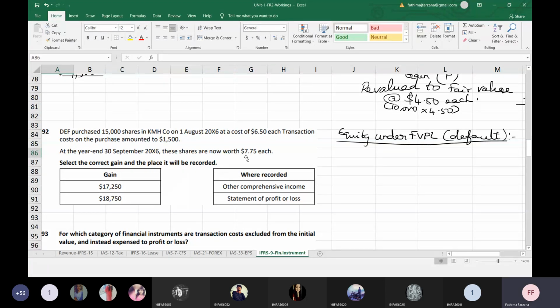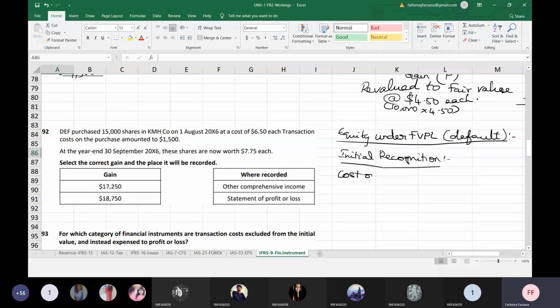So in this problem, again, initial recognition because I'm purchasing. DEF purchased 15,000 shares in KMH on 1st August 2006 at a cost of 6.50. So let me take that. For your understanding I'll write initial recognition.